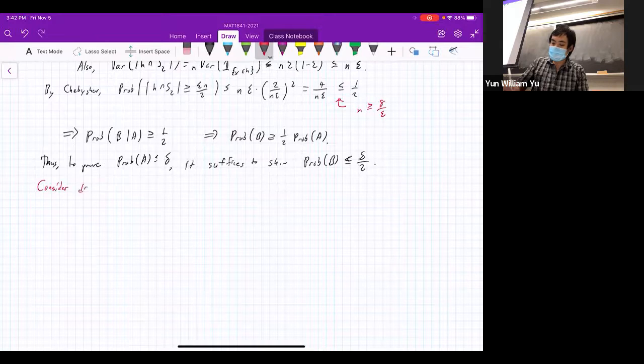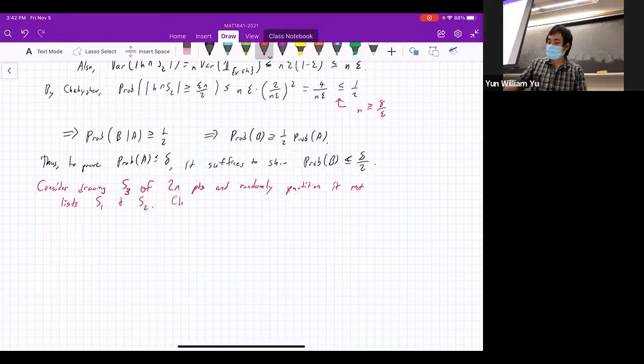So now we're going to consider drawing S3 of 2n endpoints and randomly partitioning it into lists S1 and S2. So this clearly yields the same probability distribution.